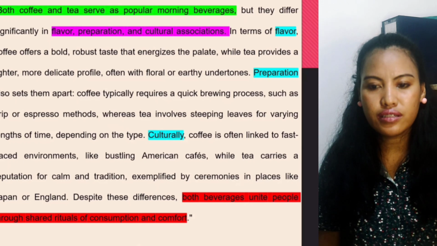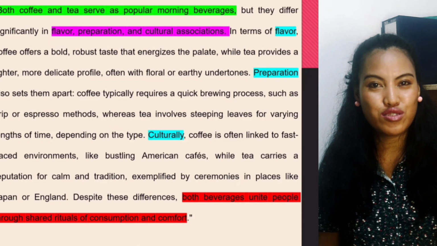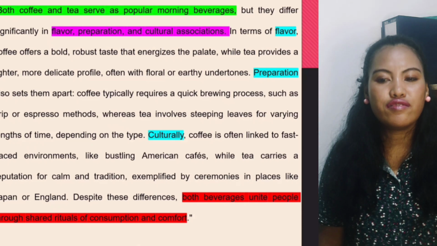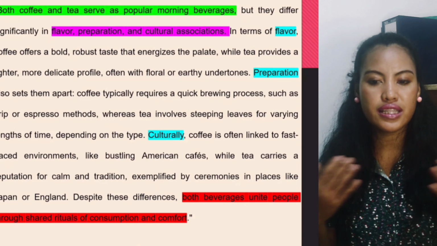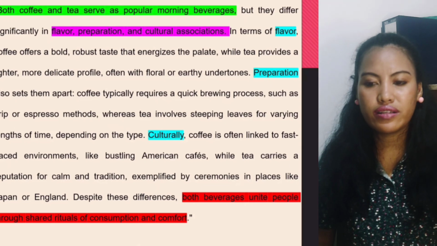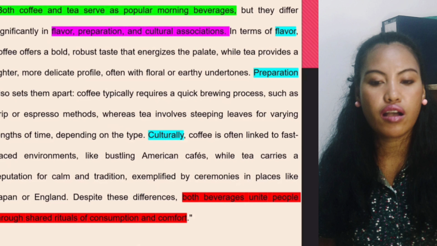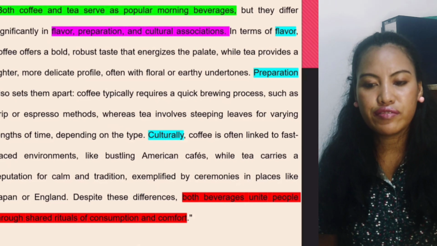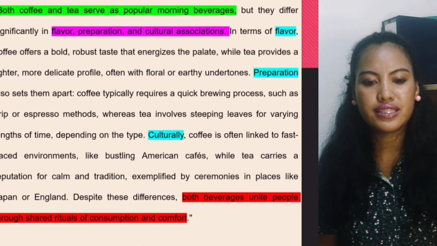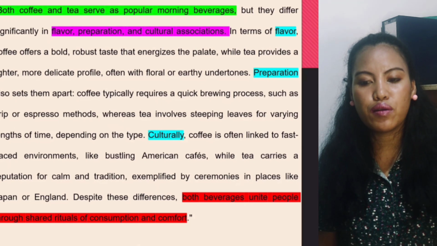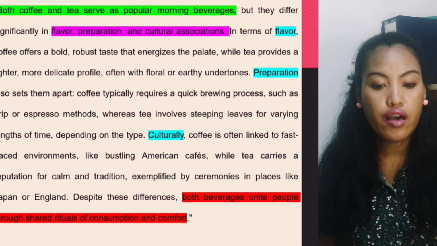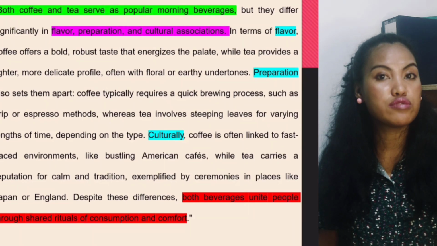Then the third one, culturally, that's cultural associations already. Coffee is often linked to fast-paced environments like bustling American cafes, while tea carries a reputation for calm and tradition, exemplified by ceremonies in places like Japan or England. Despite these differences, both beverages unite people through shared rituals of consumption and comfort.